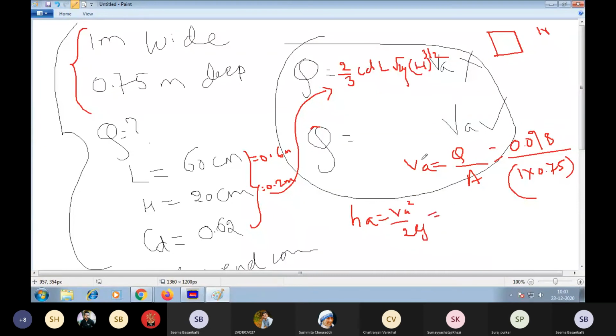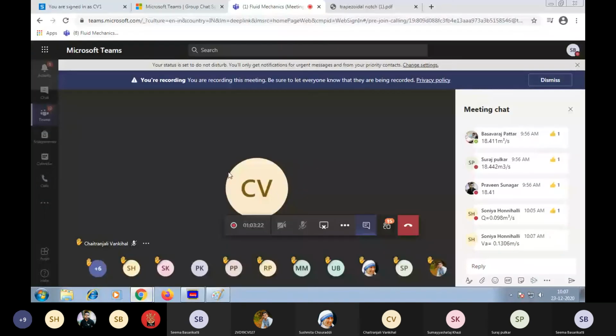Equate the obtained value of VA here and tell me the value of additional head. It is 0.1309. Okay.